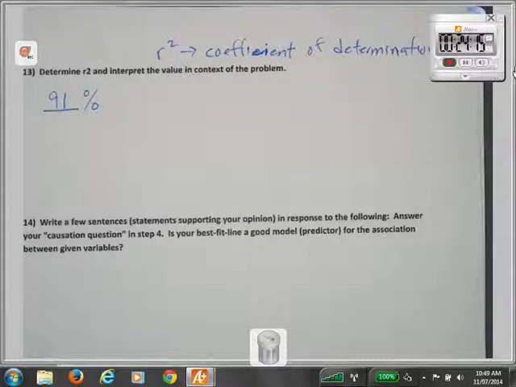So we have a sentence to write here, and it's almost a fill-in-the-blank kind of sentence.